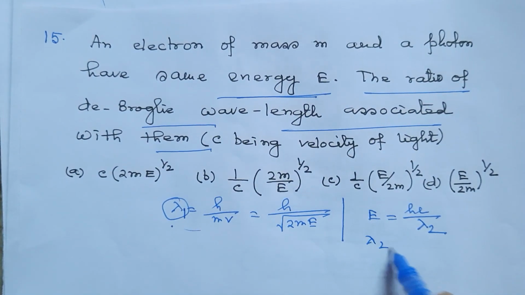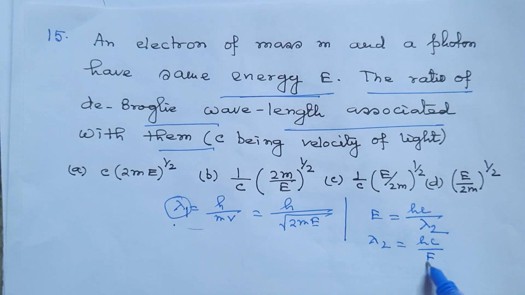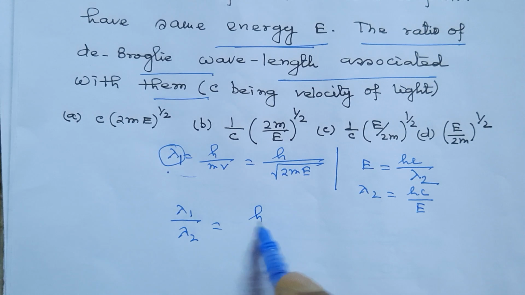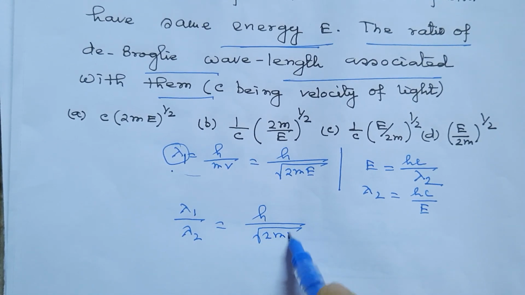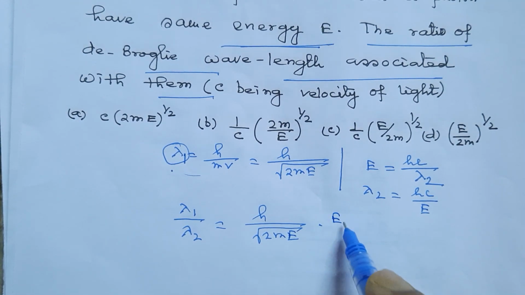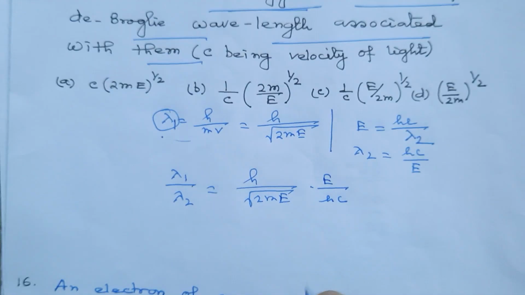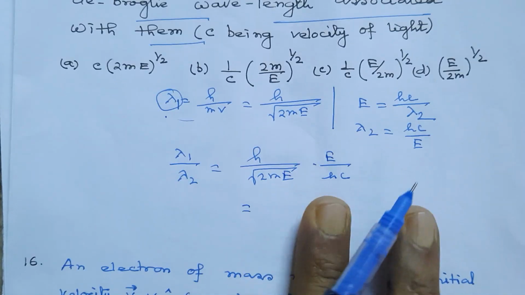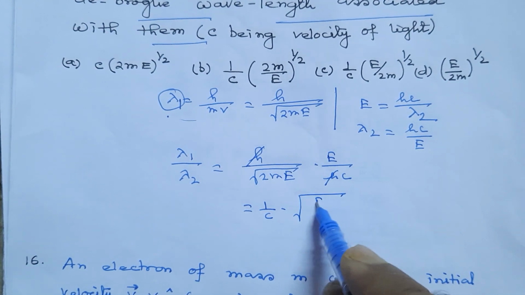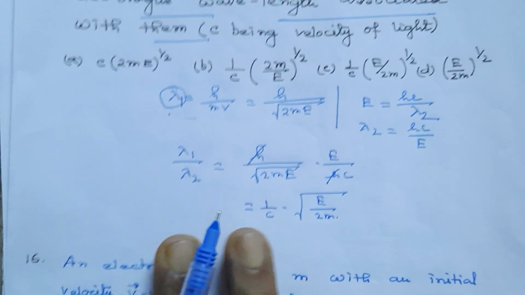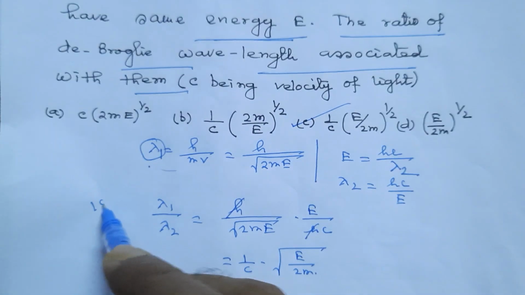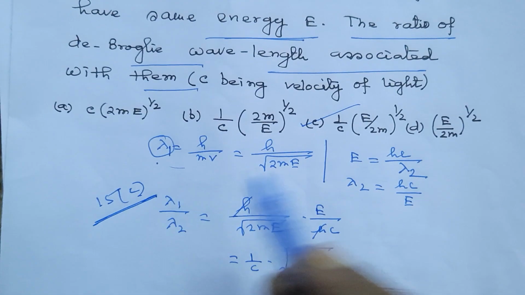So lambda 2 equals hc by E, then lambda 1 by lambda 2, where lambda 1 equals h by root over 2mE, gives E by hc, which equals 1 by c into root over of E by 2m. So C is the correct option for question number 15. So 15C is the correct answer.